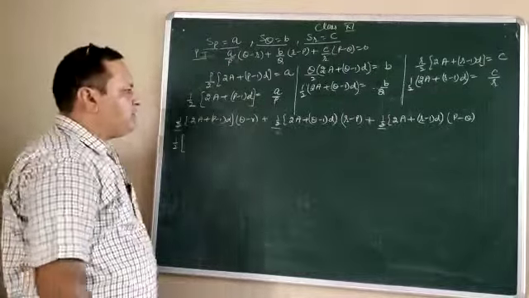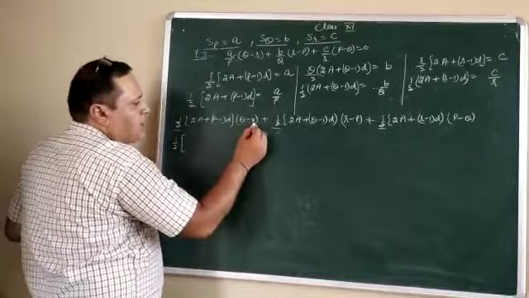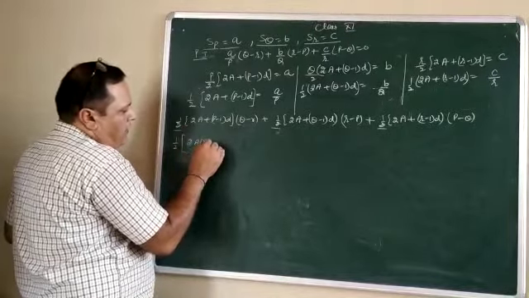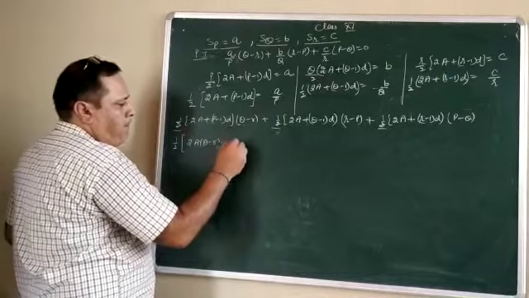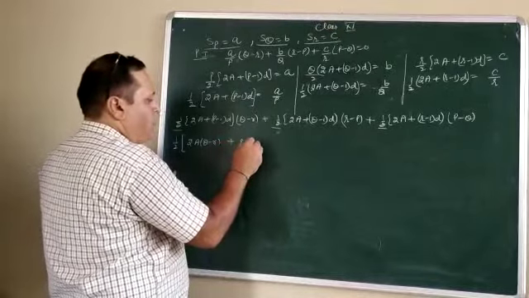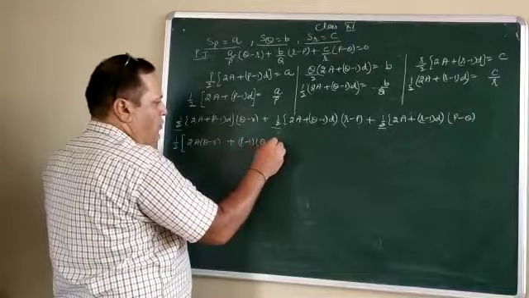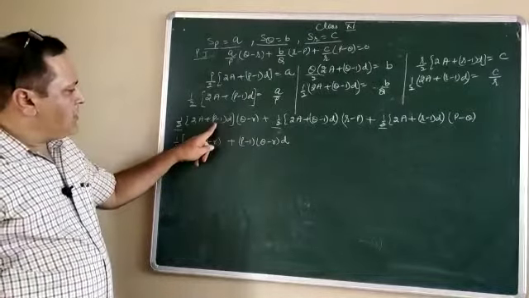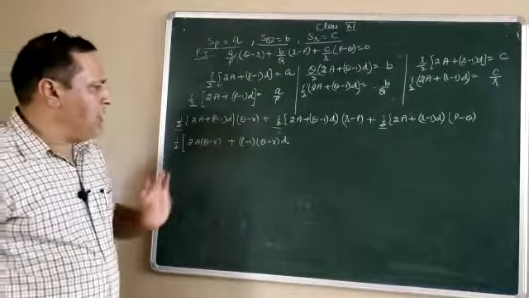Now see this one. This q minus r is multiplied with 2a, so 2a into q minus r plus p minus 1 into q minus r into d. This q minus r is multiplied with p minus 1 into d.